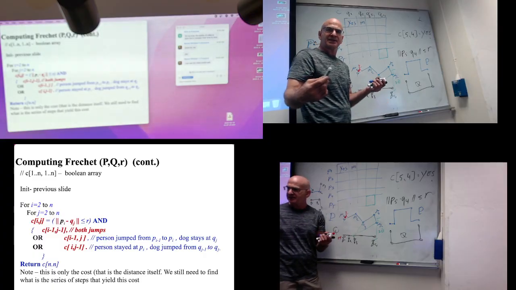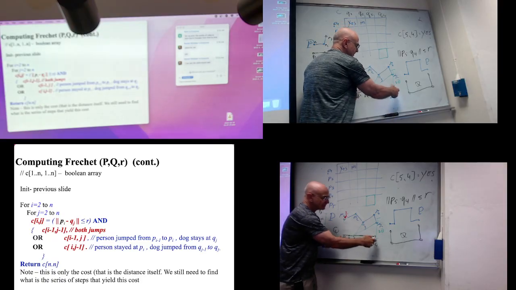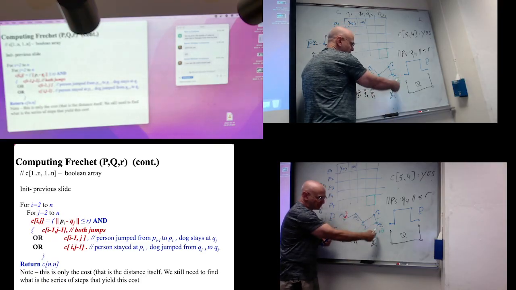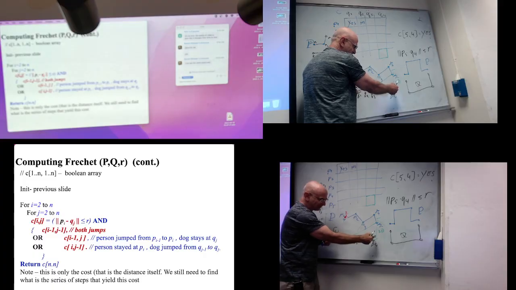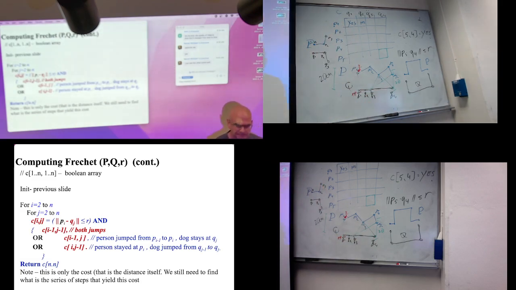And the last option, only three options: one step ago, the dog was already at Q4, while the person was at P4.